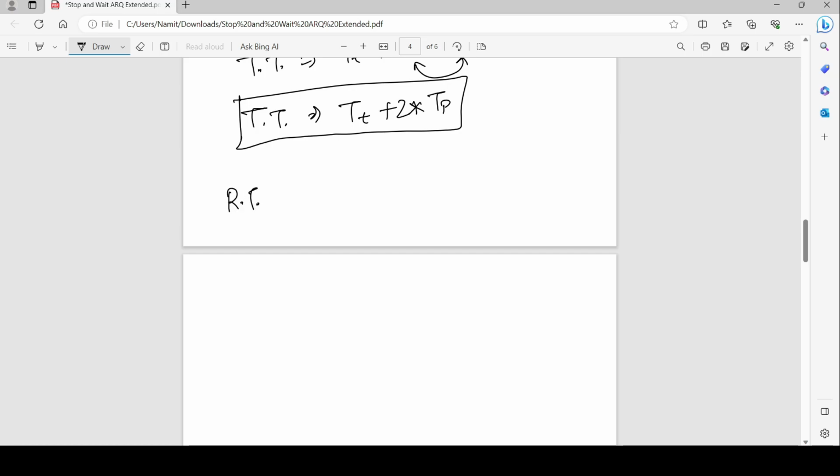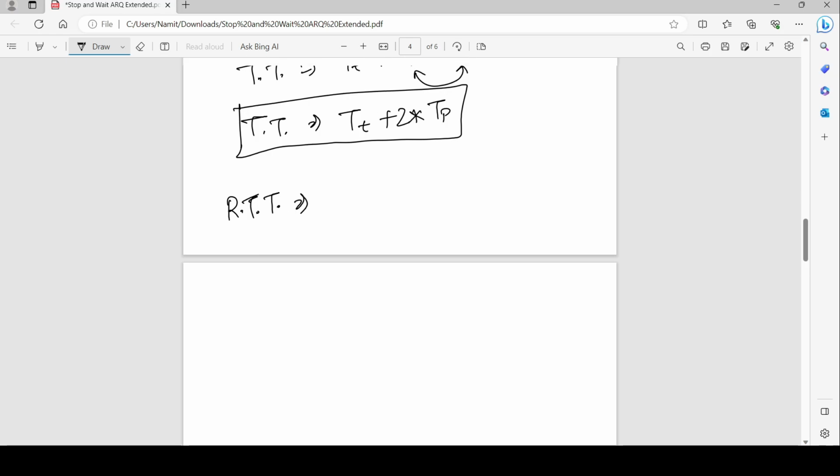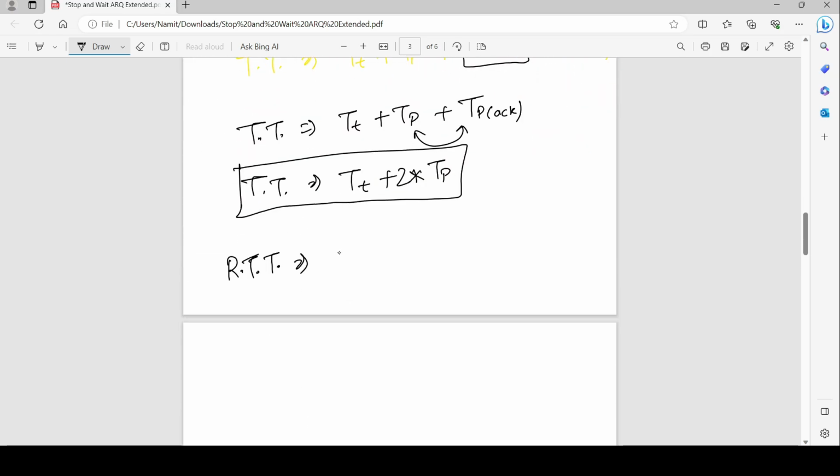In operating systems we have already seen, round trip time is nothing but the time taken to go and come back. The time taken to go is TP, and the time taken to come back is TP of acknowledgement. So can I write something like this? Right, so this thing is known as round trip time.